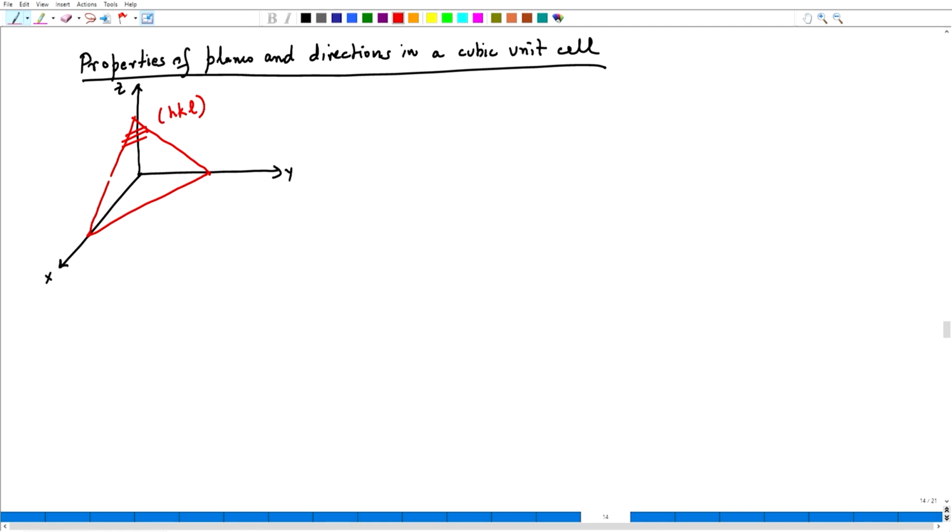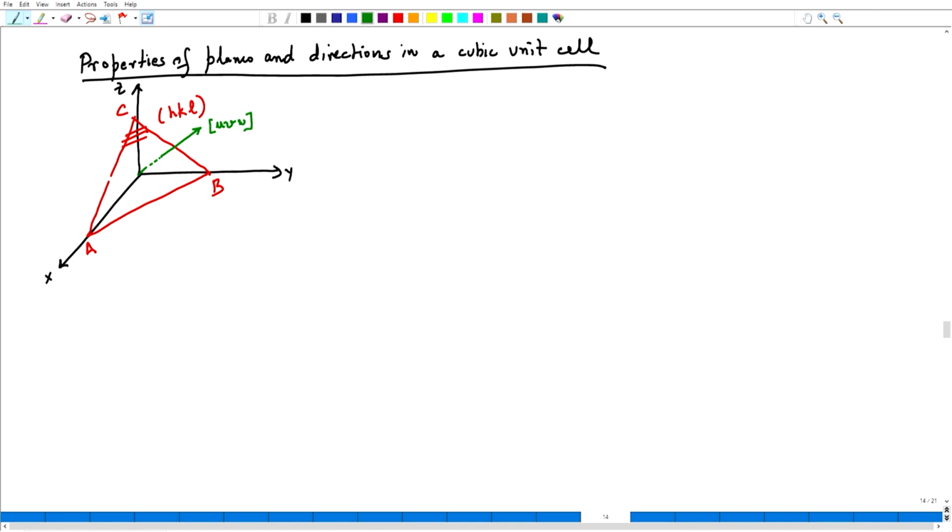And let me also locate the points where the plane HKL meets the axes x, y and z. So, I have these points A, B, C, and imagine that we have a vector given by the indices u, v, w, which is normal to this plane.